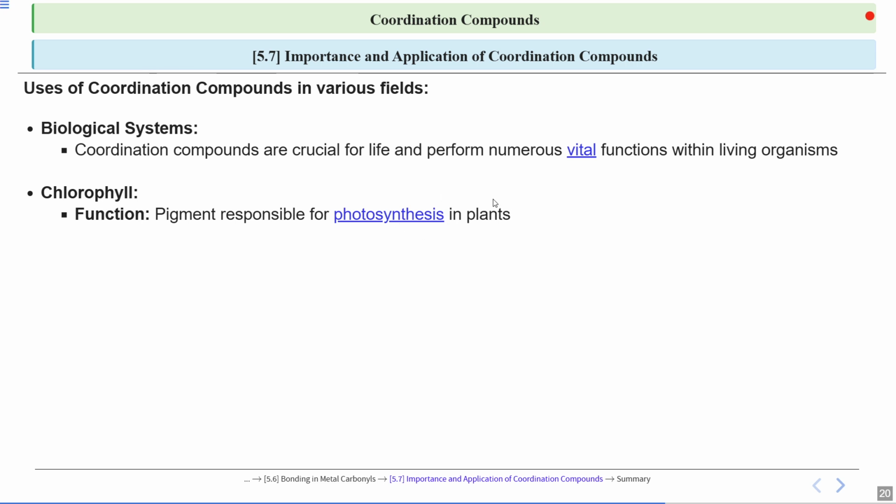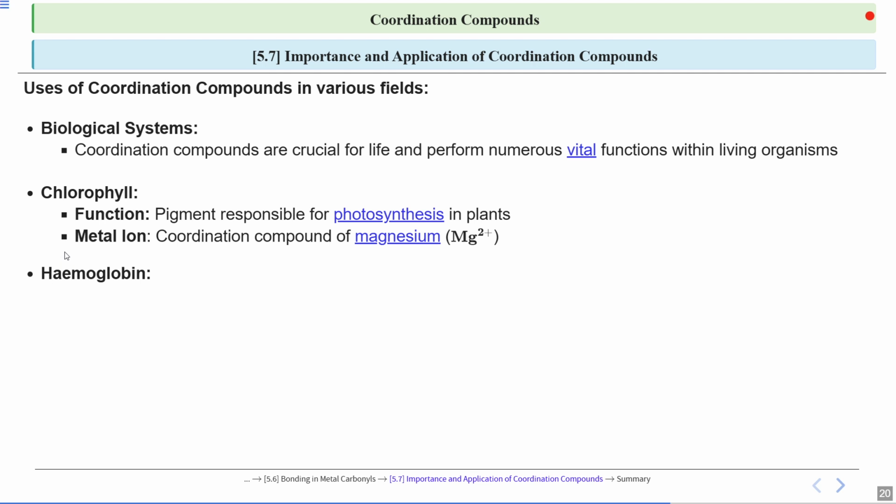So the chlorophyll pigment is responsible for the photosynthesis happening in plants. And the metal ion here, in this coordination compound, is magnesium, Mg2+.